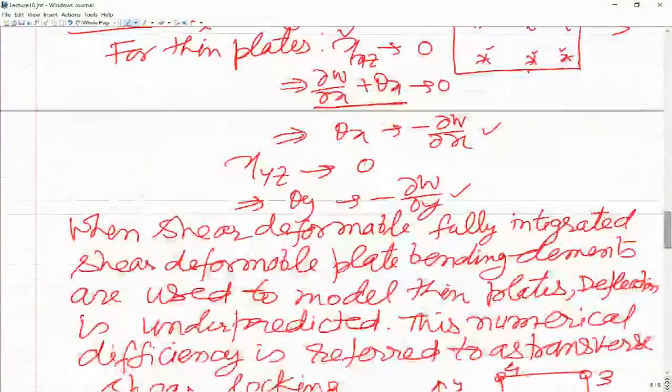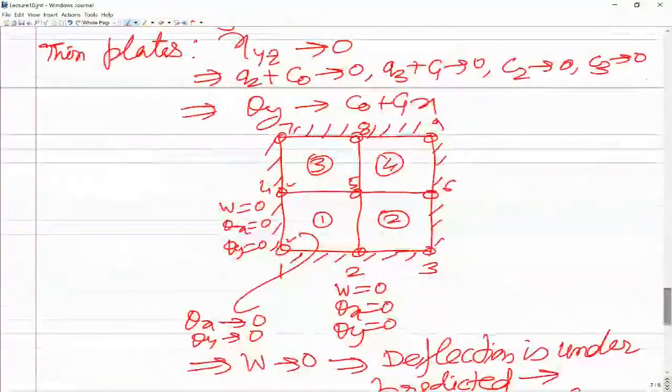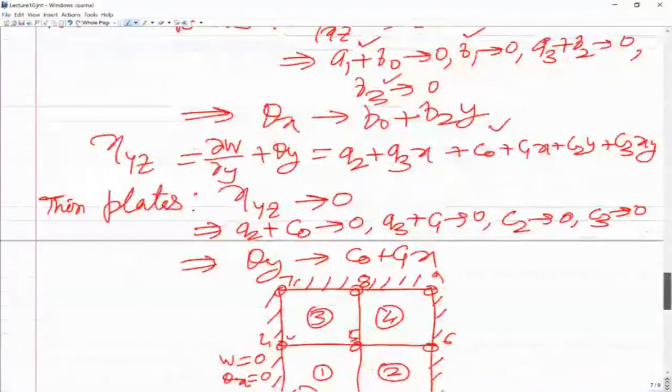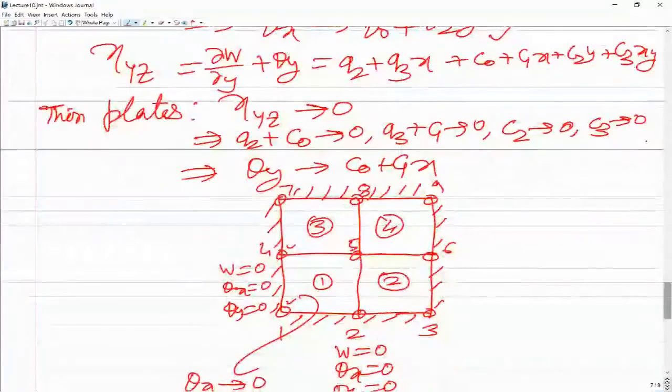Sir, how are theta x and theta y tending to 0 while we are considering the four elements? Yeah, the assembly of four elements you are talking about here. Now we have said that when gamma xz and gamma yz are approaching 0, theta x is b naught plus b2 y. So it is linear in y and constant along x. Now if you see, the boundaries are fixed boundaries, so on the boundaries theta x and theta y are 0.